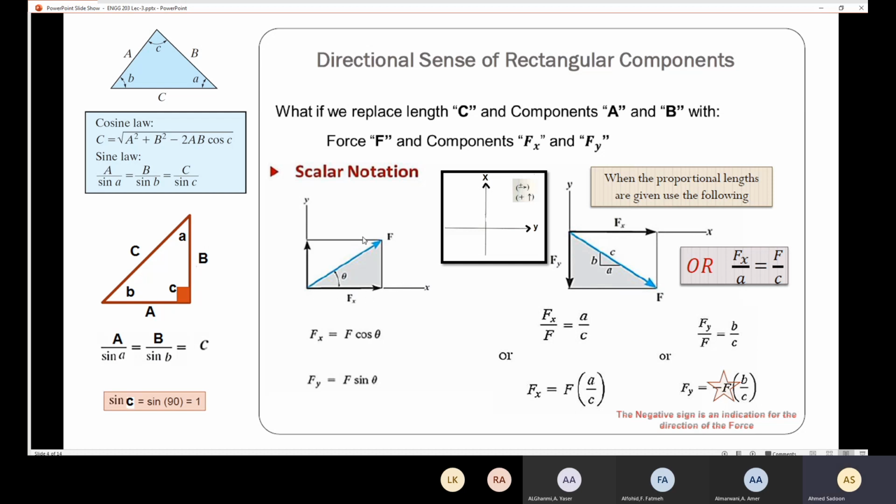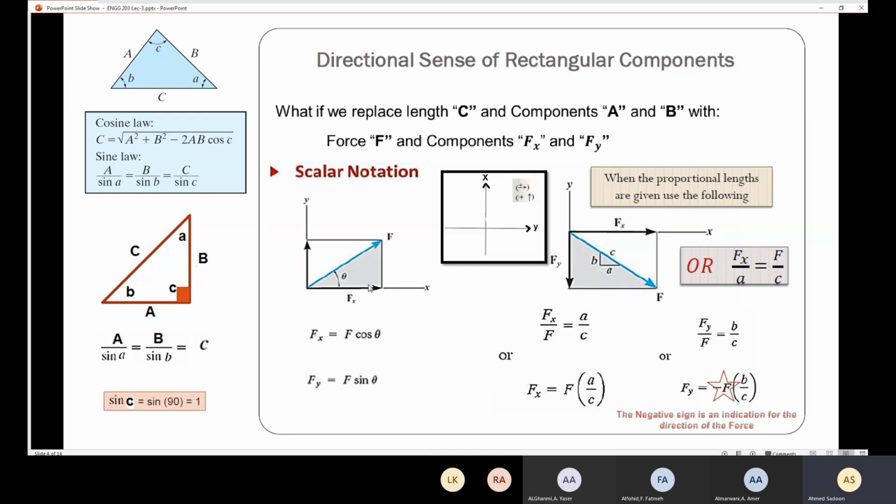If I have the resultant force F, I need to decompose that force into x and y. Now the problem is going to be very easy. The value of Fx is similar to A, the value of F is similar to C, and the value of Fy is similar to B.